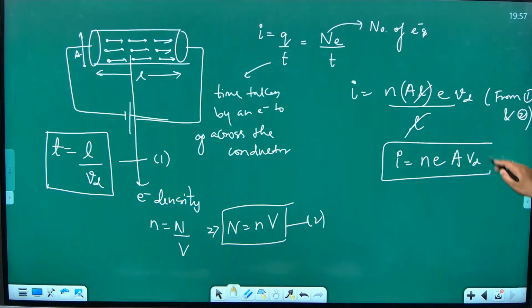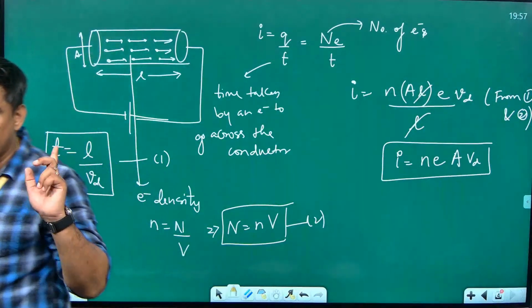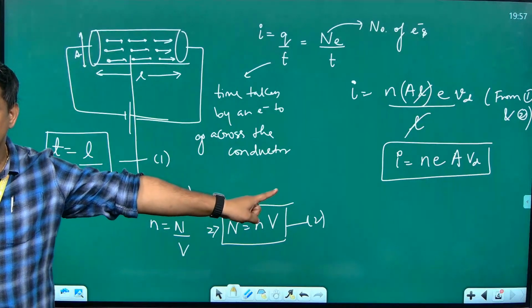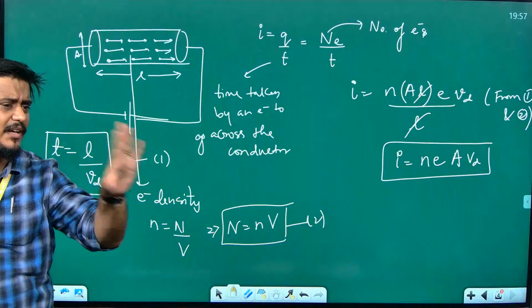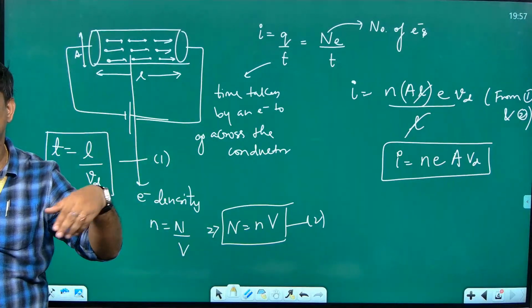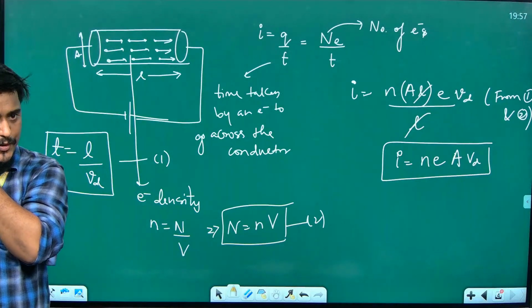I can assure you a question will definitely come from here in the board exam. It will definitely come in the NEET exam from here. It may come in the engineering exam from here. Are you getting my point?